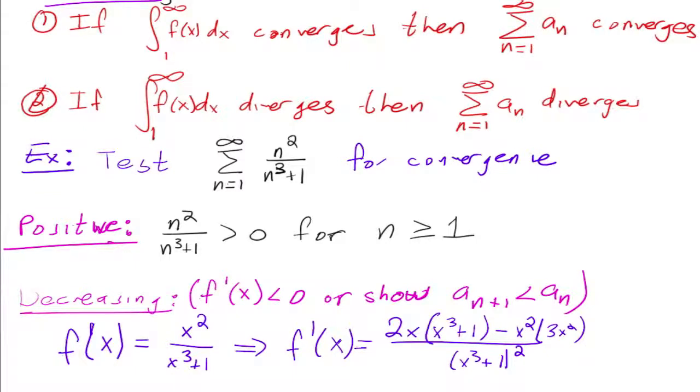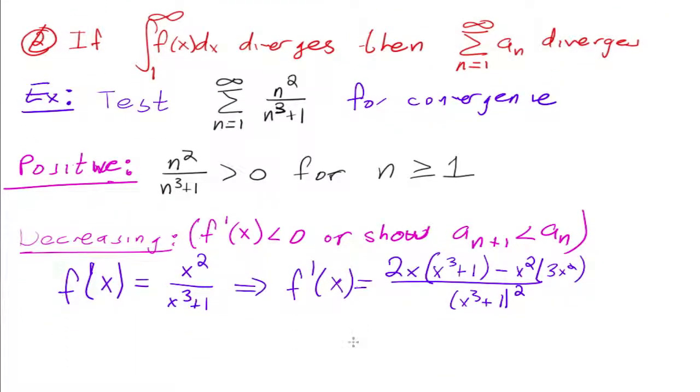All right, so that's equal to, I have 2x to the 4th minus 3x to the 4th, right? So that's negative x to the 4th. And then I have 2x over x cubed plus 1 squared.